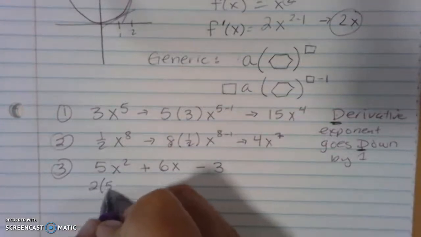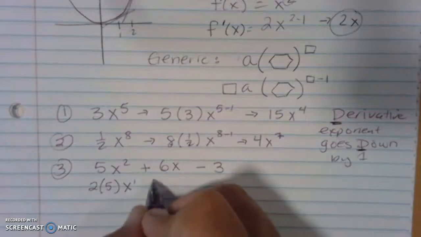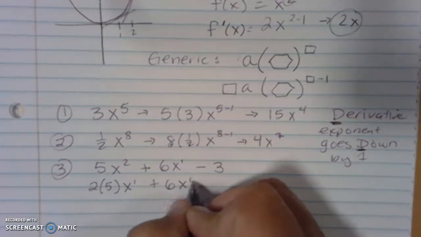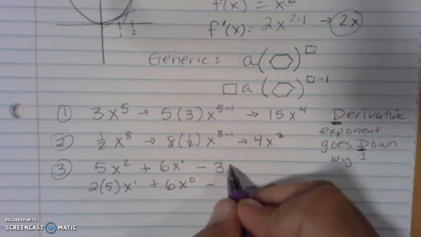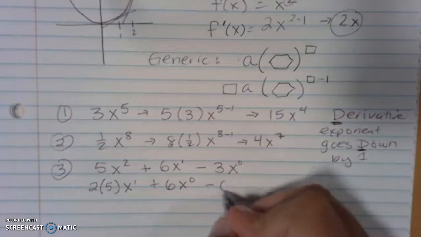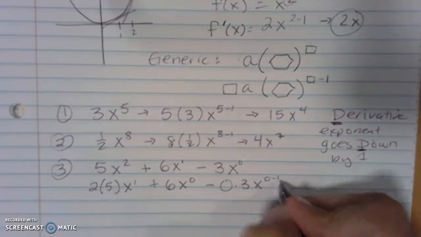This is going to be 2 times 5 times x, 2 minus 1 is 1. Plus this is a 1, so 1 times 6 is 6x to the 0. Minus, okay, so there's no x here. If there was, it'd be x to the power of 0. So that's going to be 0 times 3x to the 0 minus 1.